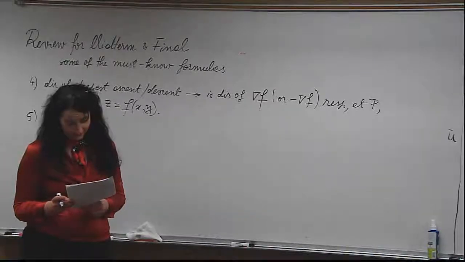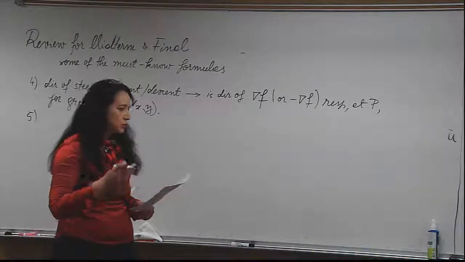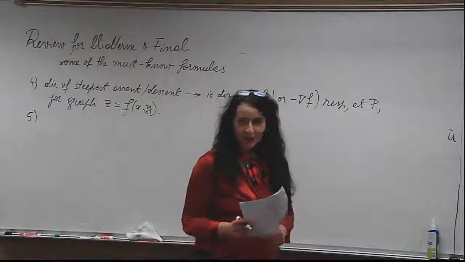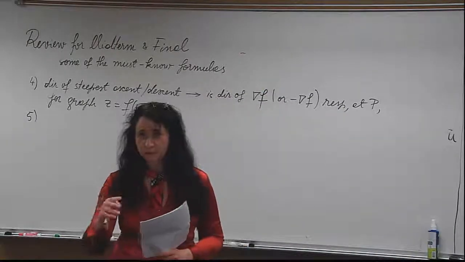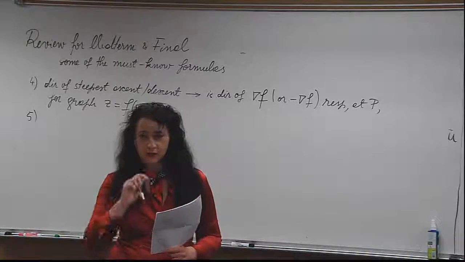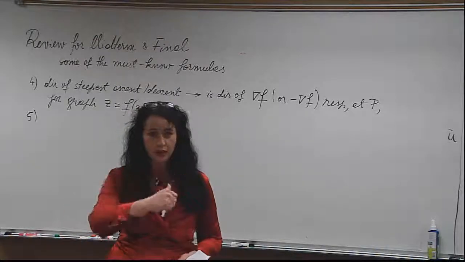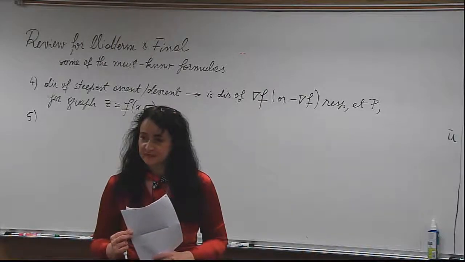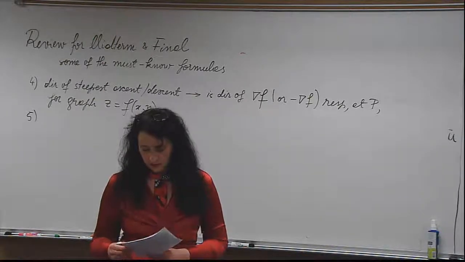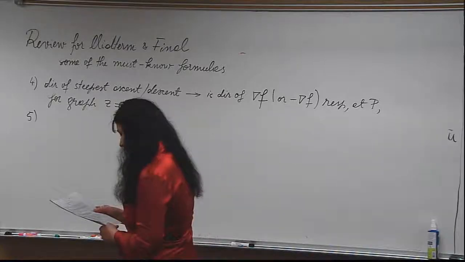Of course it's unique because we make it unique by dividing by the norm. Otherwise, you would have a u and a minus u. So the actual formula for the direction is the gradient of f over the norm of the gradient of f.